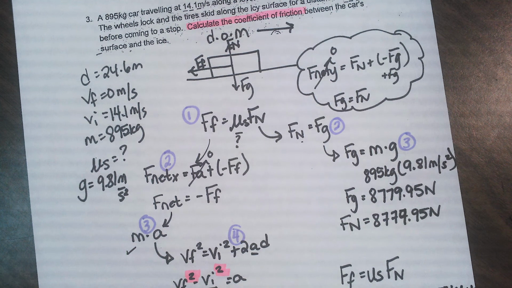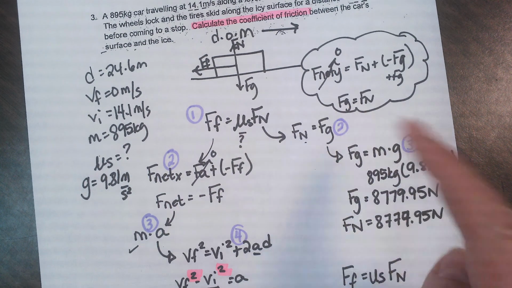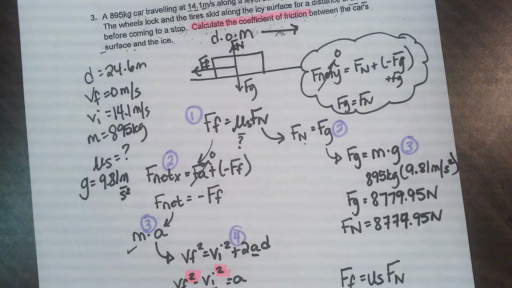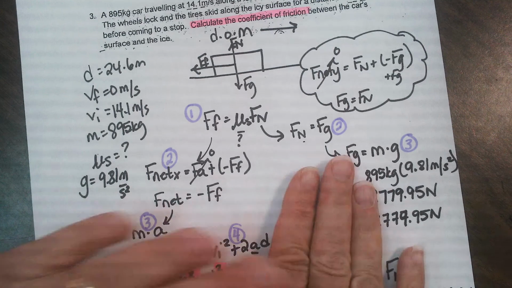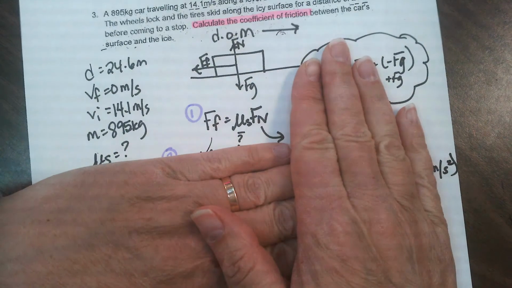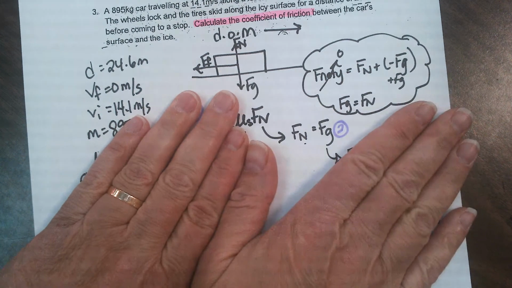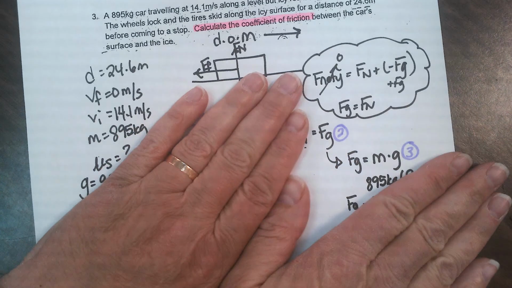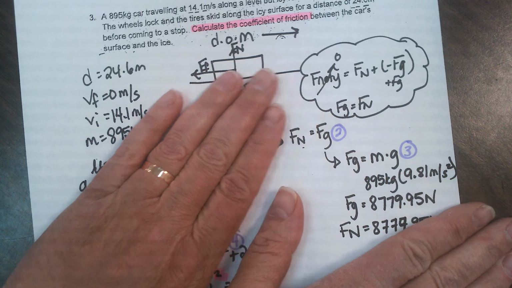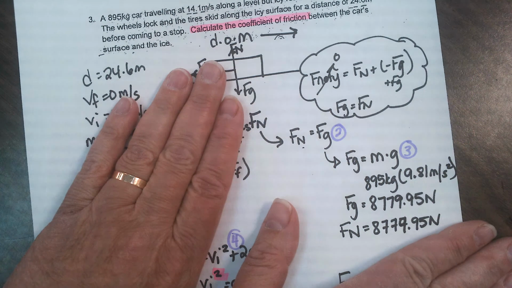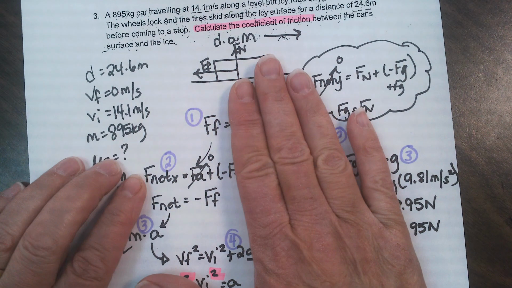Okay? So this is 4 steps. Actually, it's 6. 1, 2, 3, 4, 5, 6. It's 6 steps to solve this one thing, calculating the coefficient. But when you do it systematically, what do I need to solve for? What's missing? That's missing. That's missing. Oh, look, I can solve it. And I can go backwards up the ladder. Over here, I say force of friction, so I got to do force net.